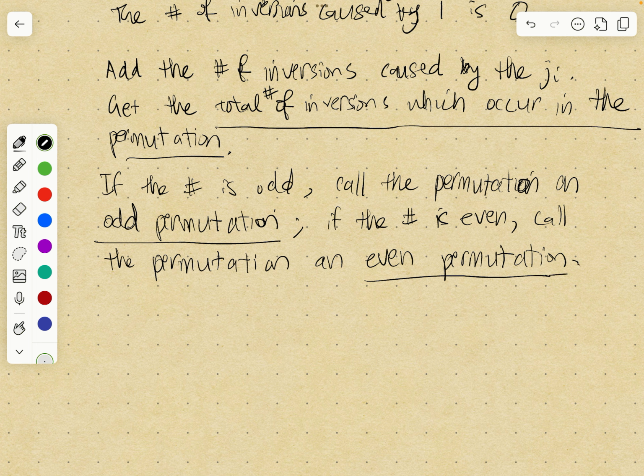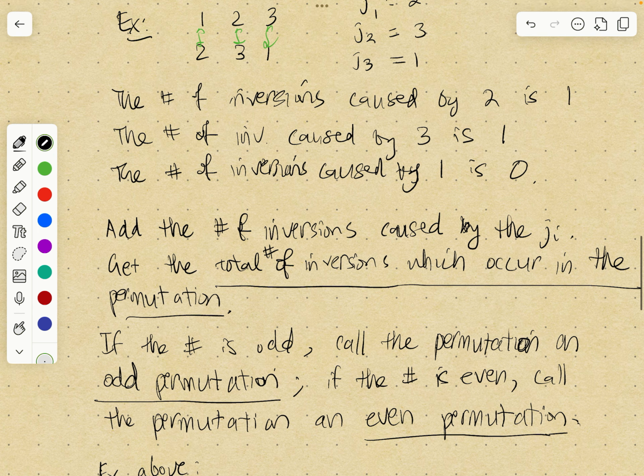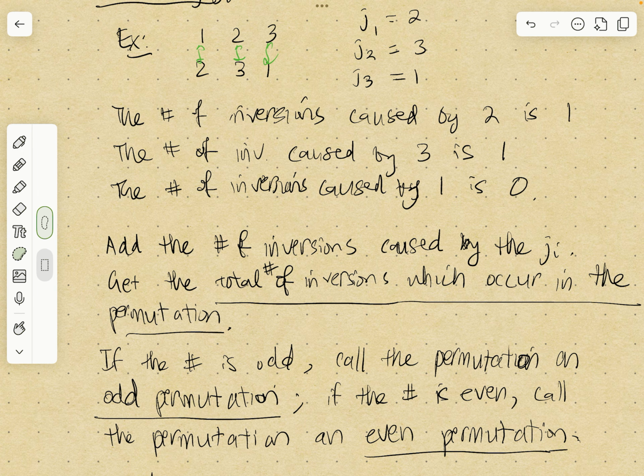So let's look at the example that we had above. We had 1, 1, and 0, right?